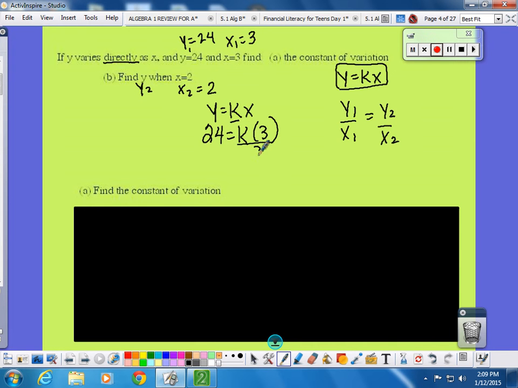Solve for k. And k is 8. Now before Christmas, we were finding the constant of variation and then taking that constant and substituting it back into the equation. Do you remember that?